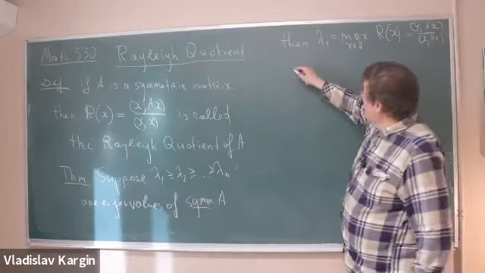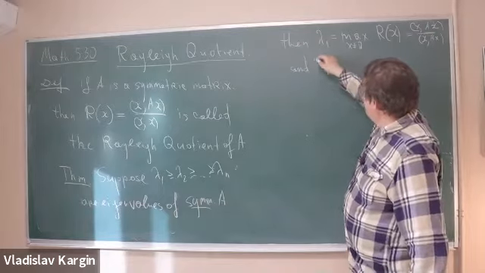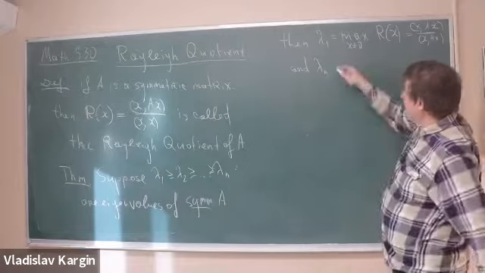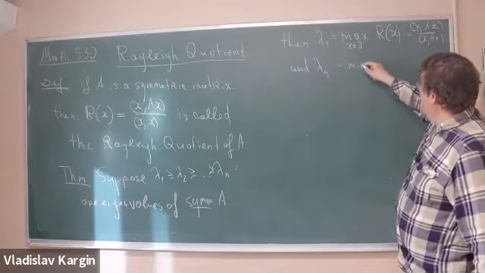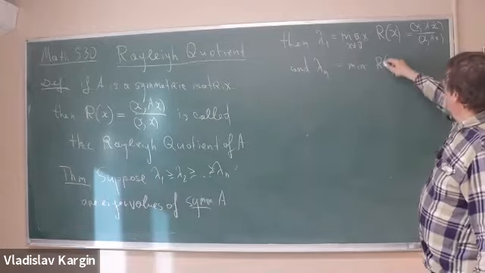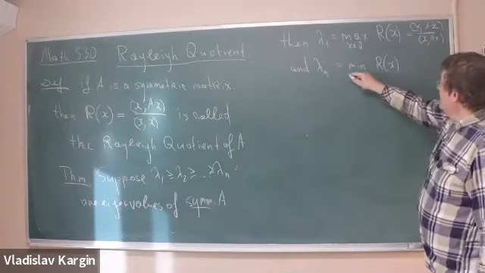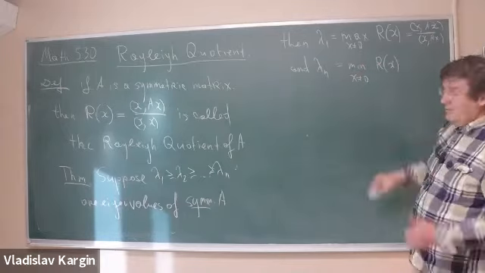And lambda n, the smallest eigenvalue, is equal to the minimum of R of x, x not equal to 0.